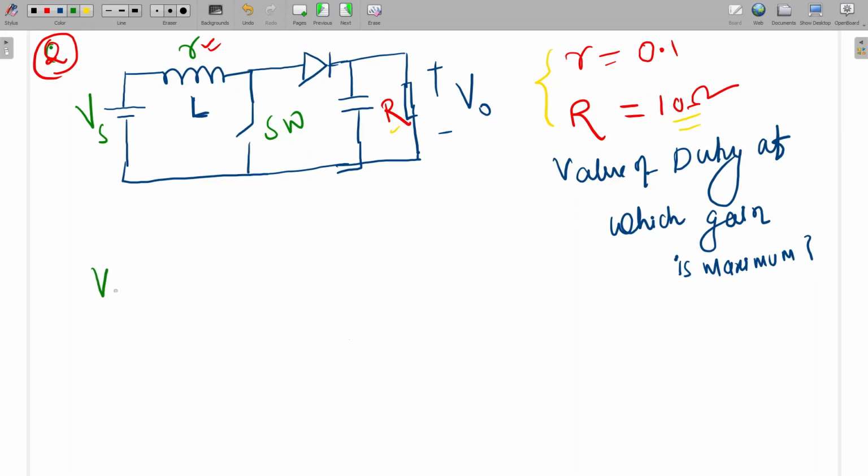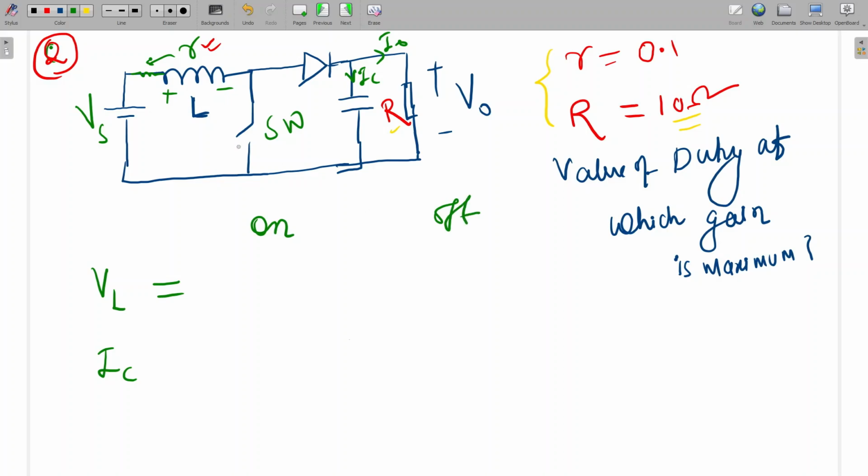I'm going to write the V_L equation and I_C equation. So this is the I_C, and this is I_O, and here it will be V_L. One internal resistance r will be there in the inductor, and this will be plus/minus V_L. So V_L will be for on time and off time.